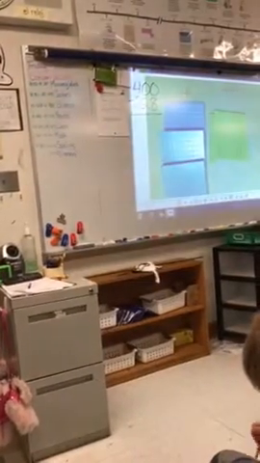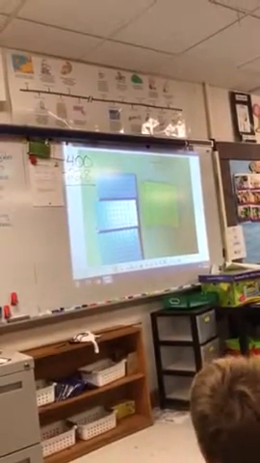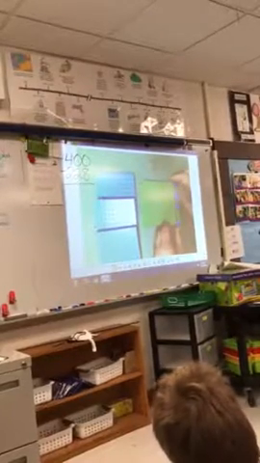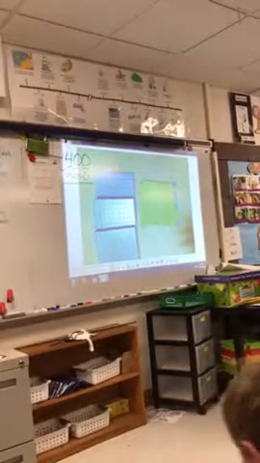Here's what that looks like when we're dealing with place value blocks. If I take 10 ones, it's a fair and even trade with 1 ten, isn't it?